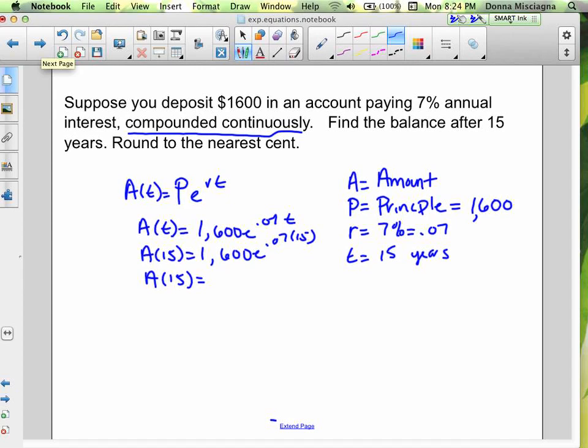We have second, e to the 0.07 times 15, and then multiply that times 1,600, which gives us $4,572.24. Pretty good.